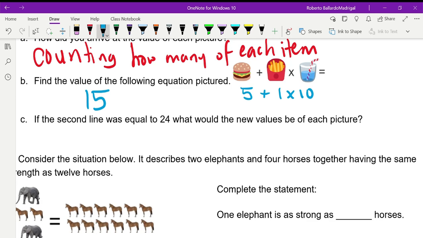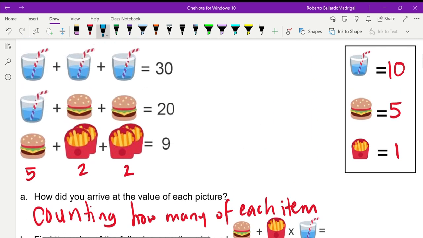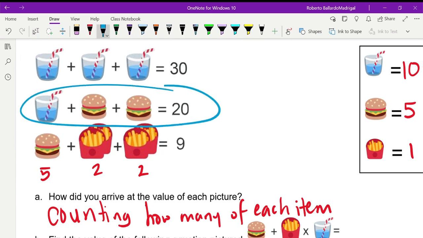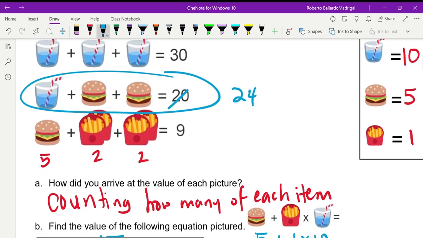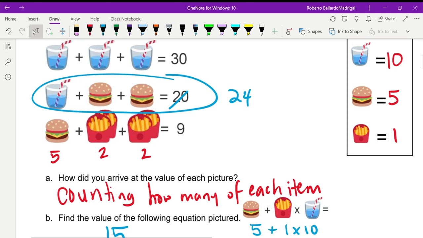If the second line was equal to 24, so we're talking about this one. If this line was equal to 24 instead of 20, what would the value of each picture have to be? Were you able to come up with that one? Jacob Aguirre, go ahead.